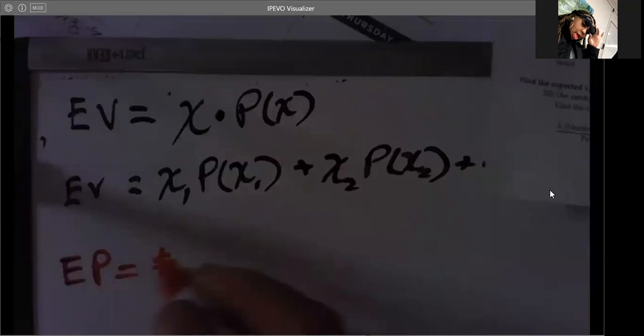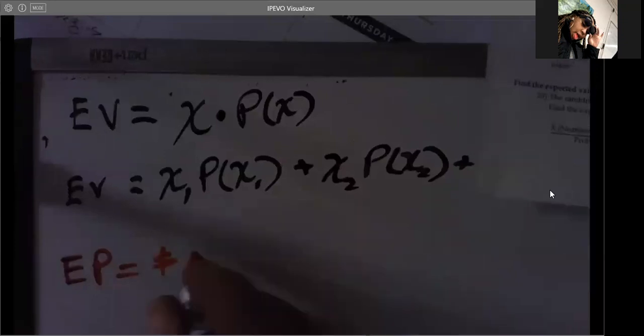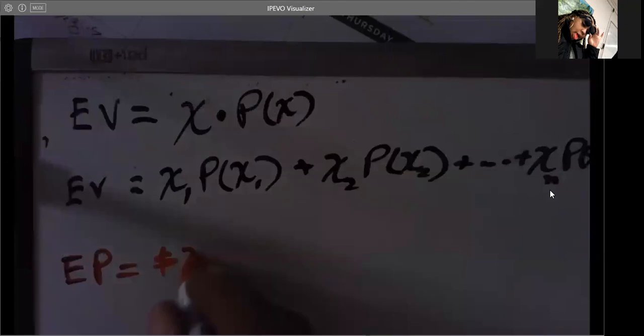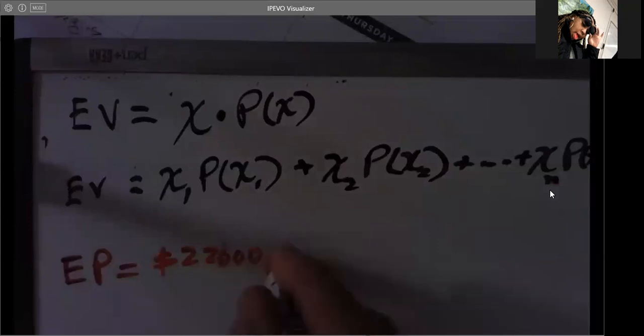If it was winnings, then it'd be expected winnings and so on. So we're expecting to get 22,000, times the probability that we will get 22,000, which is 0.7.